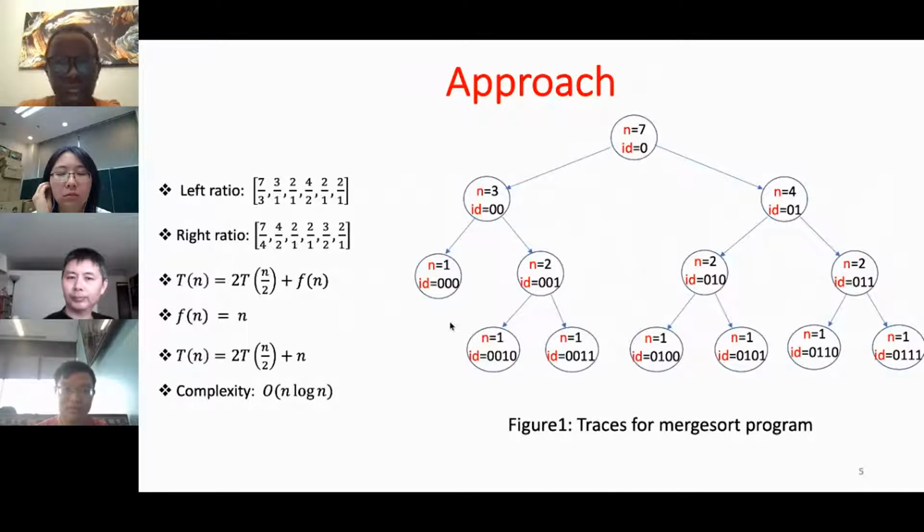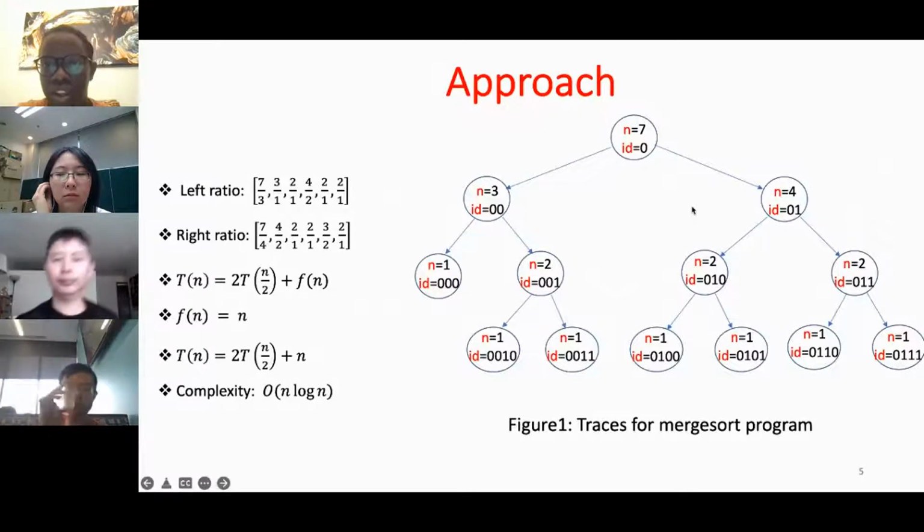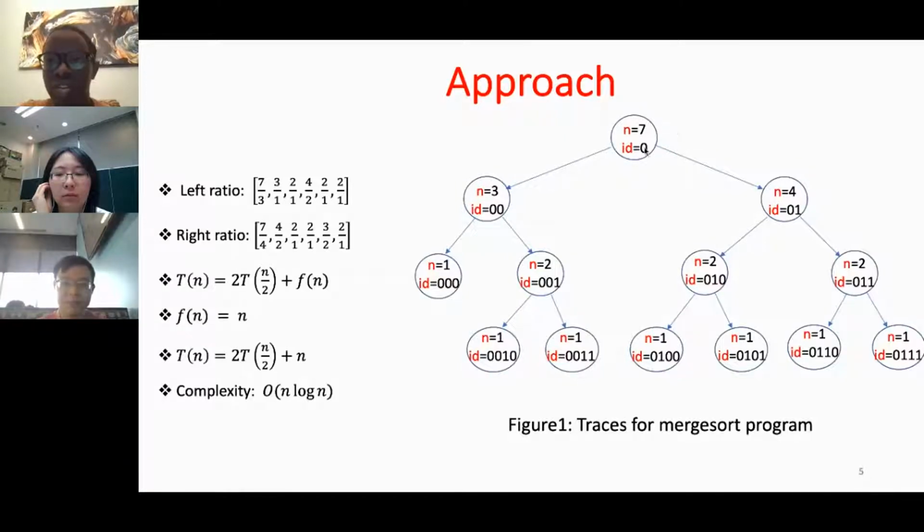So here is an example of how Dynaplex works. The tree on the right is produced by running a merge sort program on a list of 7 elements. At each node, starting at the first node, we have n, which is the size of the input, and id, which is the unique ID of the recursive call.